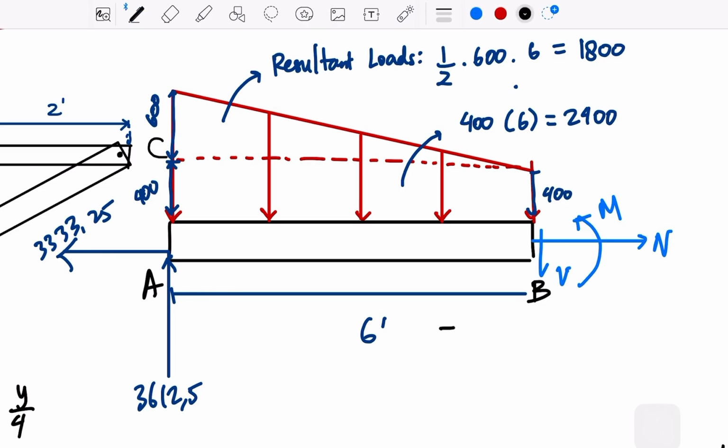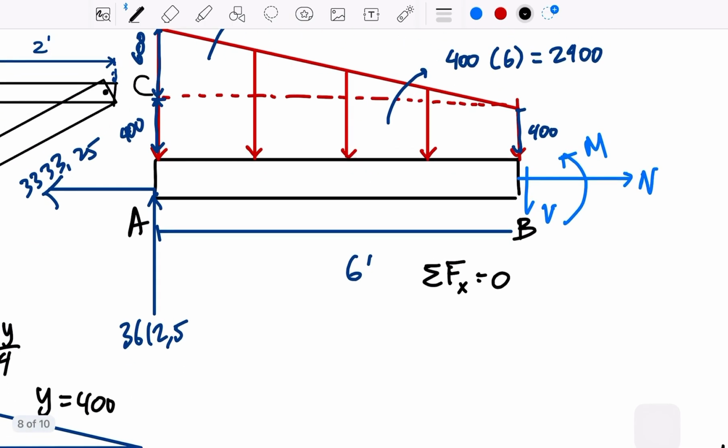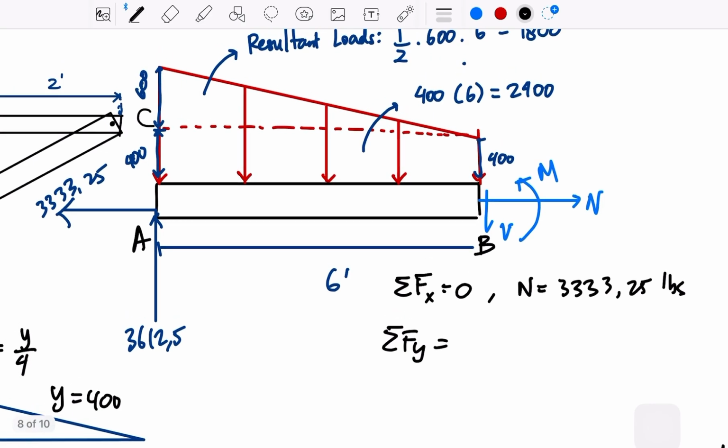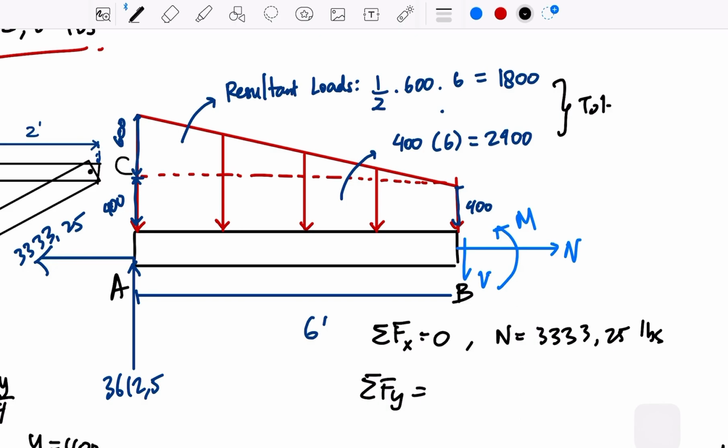Because sigma Fx equals 0, that's the key for statics. So N is 3333.25 pounds. And then for sigma Fy, let's say this is positive, and then the loads, those two, 1800 and 2400, we can total 4200.